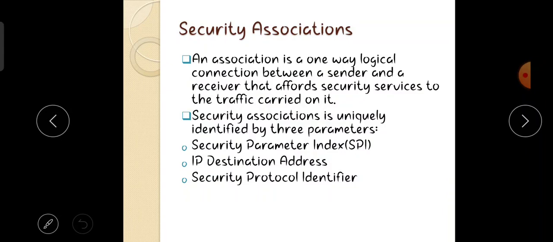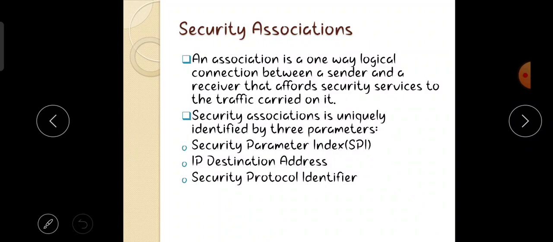Before going to the Security Association Database, we must know what a Security Association is. A key concept that appears in both the authentication and confidentiality mechanisms for IP is the security association. An association is a one-way logical connection between a sender and a receiver that affords security services to the traffic carried on it.